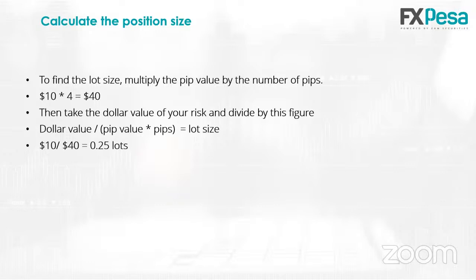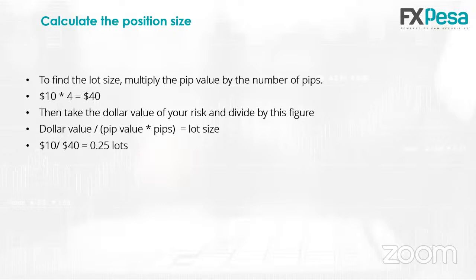Simply, the pip value multiplied by the pips is the stop loss distance, and the dollar value is the risk amount. We don't have that provision, but you can put in 0.01 and see what it gives you, then 0.02, and check whether that amount is within your risk figure, and then you can get along.